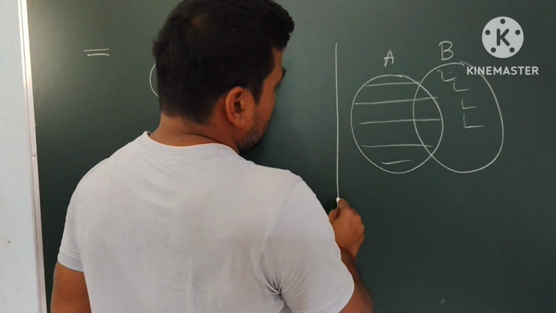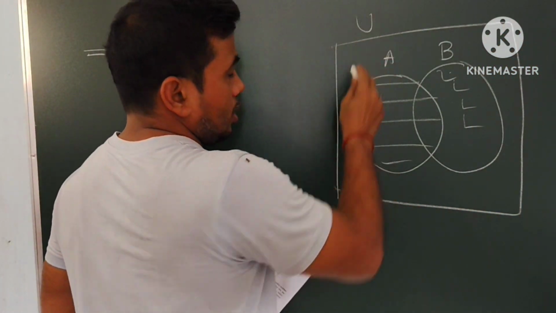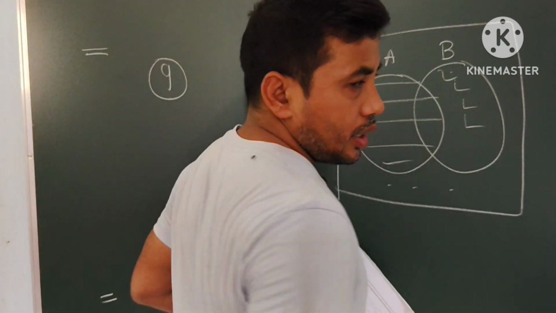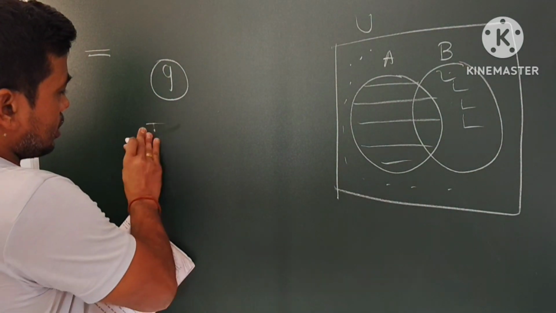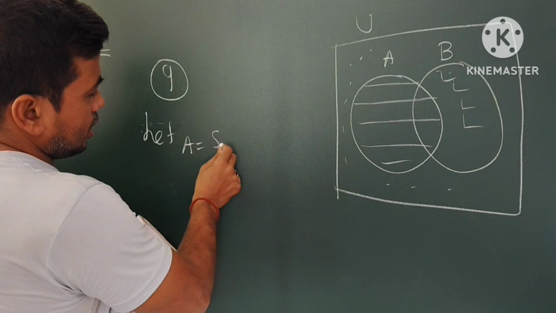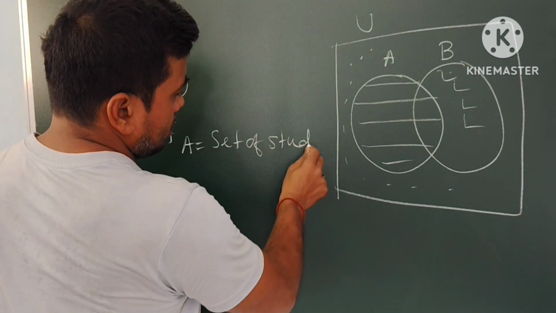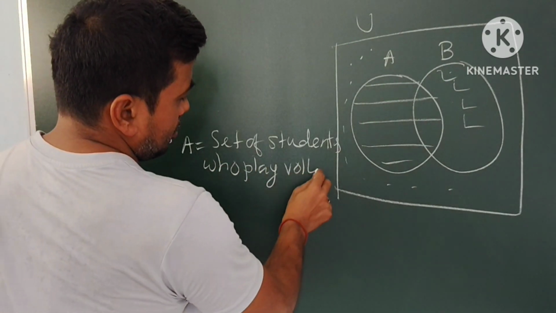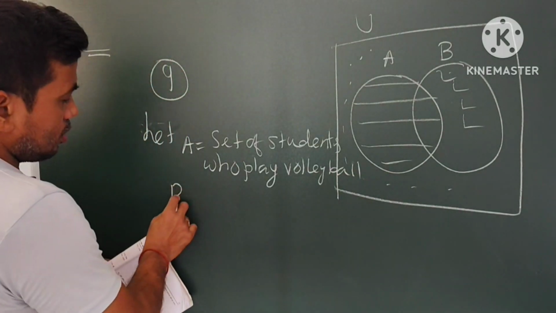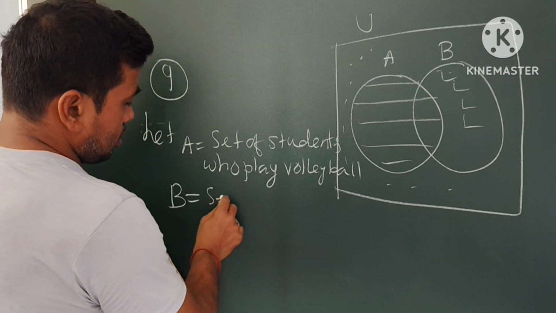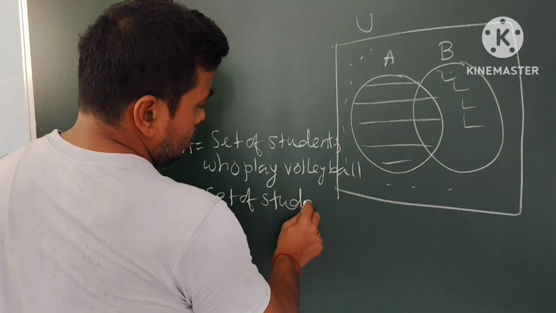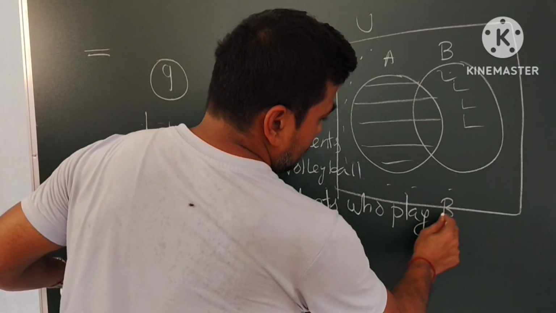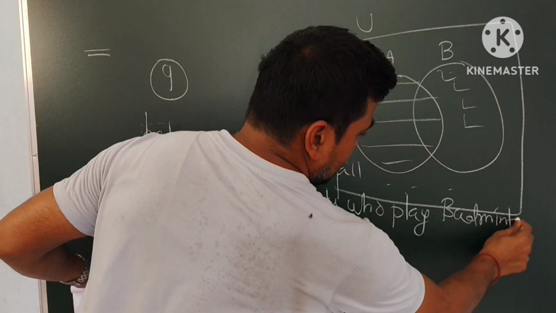So there we have to write the universal set U. Students who do not play any games will remain in this part, that means outside A union B. So let A be the set of students who play volleyball, and B the set of students who play badminton.